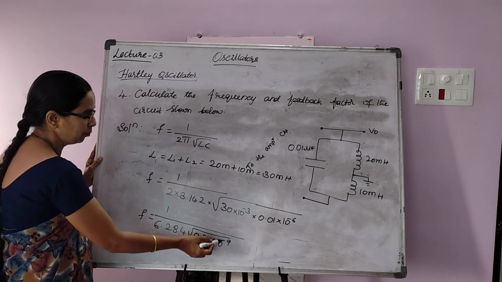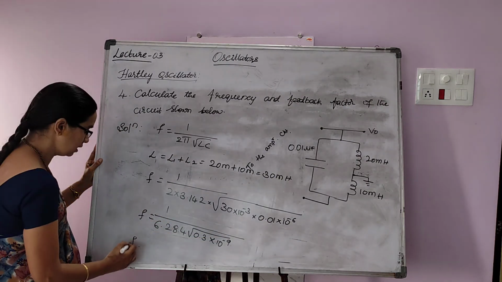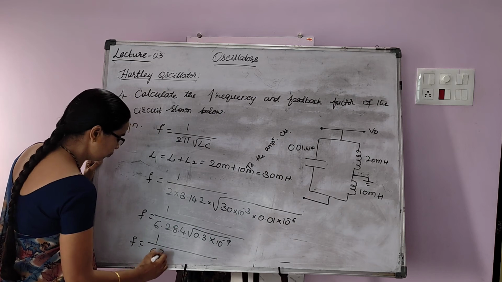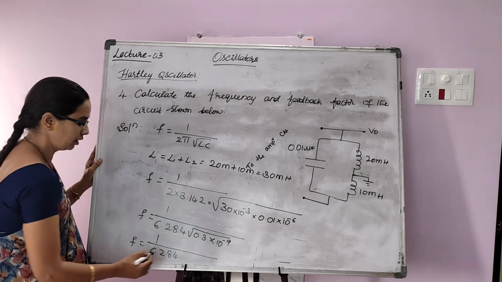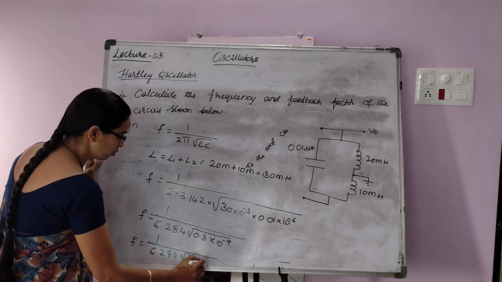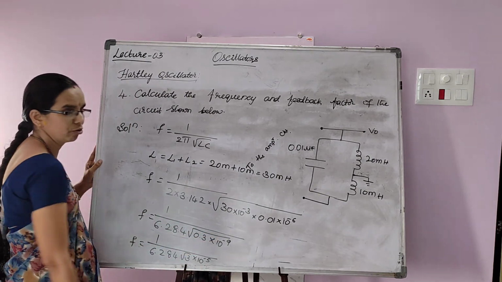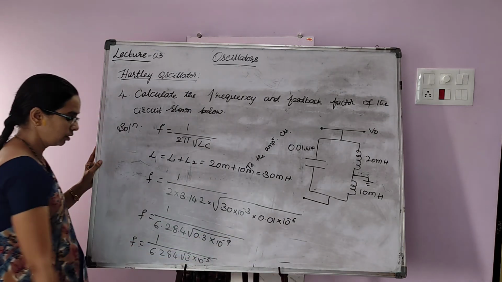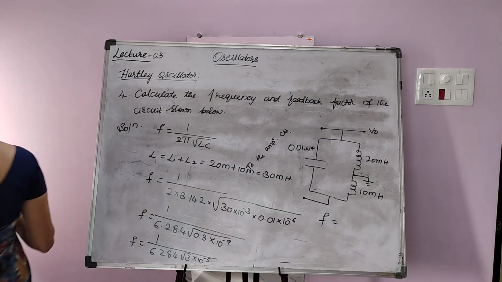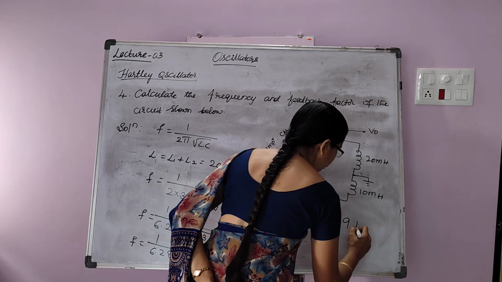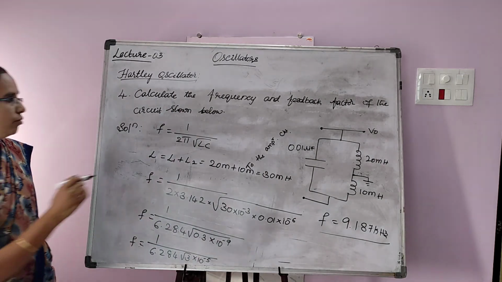I will make it an even power, if the power is even, we can take that out easily. 6.284 into root 3 into 10 to the power of minus 10, so I will take that outside as 10 to the power of minus 5. After simplifying, the frequency value I will get as 9.187 kilohertz. So this is the frequency we have got.